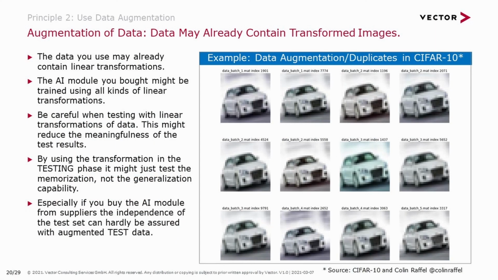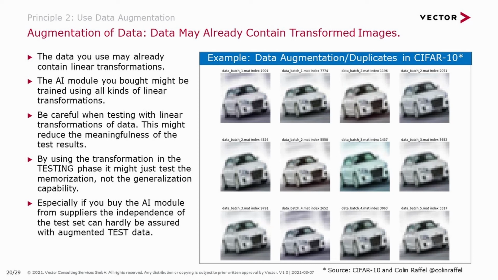However, if you use this, you should be aware of what you are doing, and also what kind of effect it has on the testing. Even well-known databases like the CIFAR-10 benchmark data set, which is really a standard for image processing, already contain transformed images.